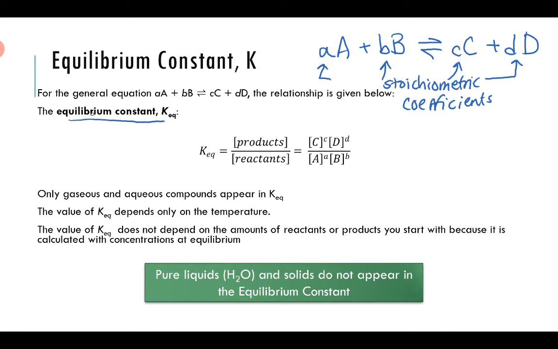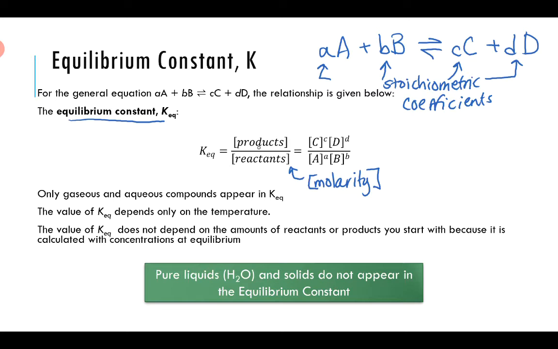EQ stands for equilibrium. Then our KEQ is going to be a ratio of our products to reactants. And remember that anytime you see these square brackets, that means molarity. So we're looking at the molarities of our products over the molarities of our reactants.